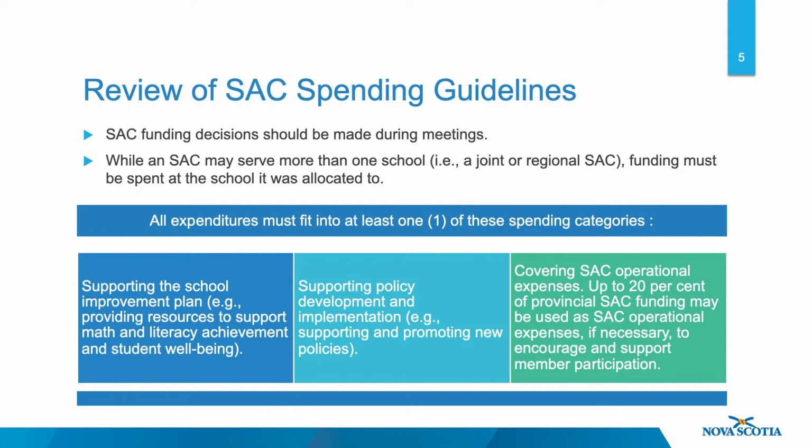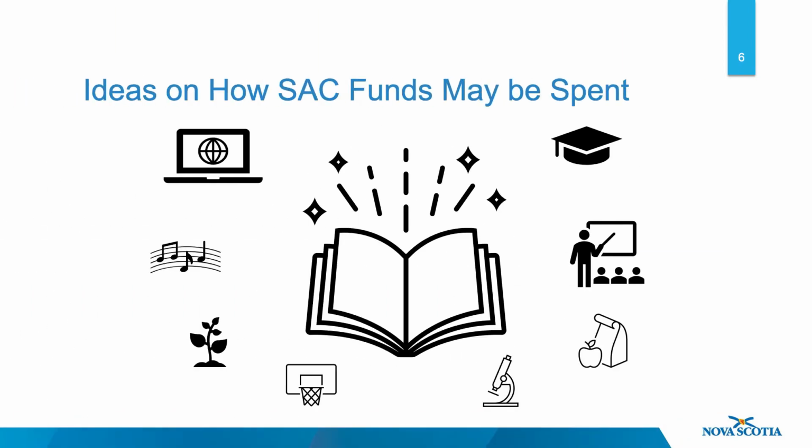It is important to remember that the spending of the funds will be reported in the annual report that will be posted online for public consumption. More on that shortly. How you spend your SAC funding will depend on the unique circumstances of your school. You can engage with your school community to determine how best to spend your SAC funds to support student achievement and well-being.